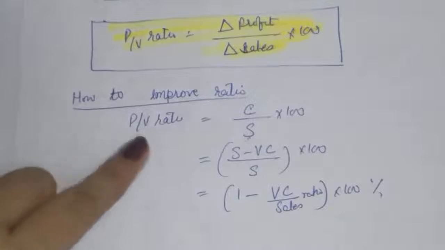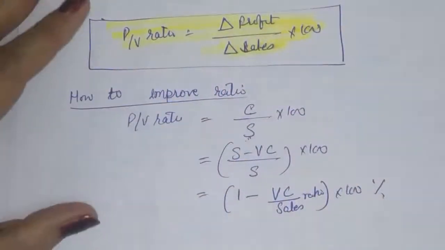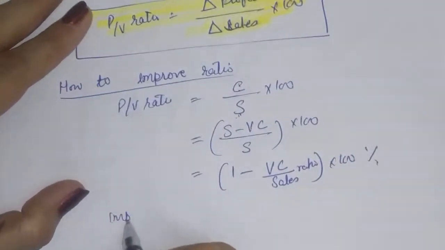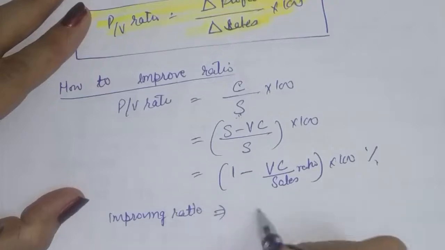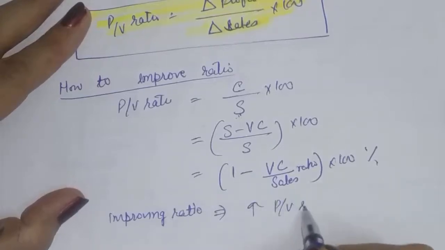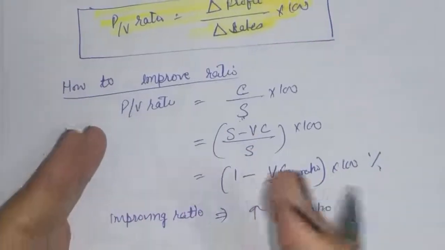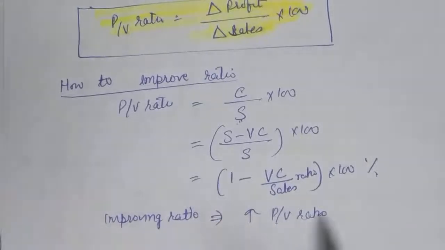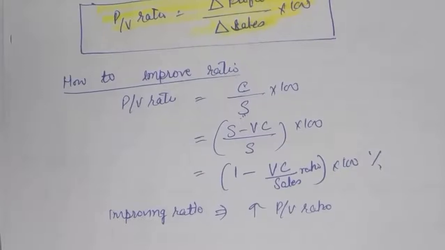So since PV ratio shows your contribution, your gross profit in a way, if we want to improve this ratio, it implies increasing PV ratio. Okay, 40% ratio is far better than 30% or 20% of PV ratio, because each unit sold is contributing more and more towards the profits.